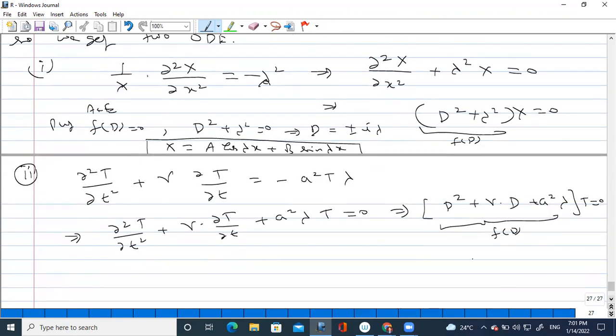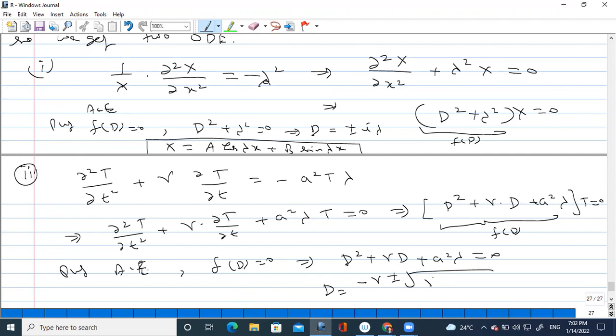So now what is the solution of that? For having the solution, put the auxiliary equation. What is the auxiliary equation? In that you have to put f(D) equal to 0. So D square plus gamma D plus a square lambda is equal to 0. This type of equation you can solve by Sridharacharya formula. So here D will be minus b, b is gamma, plus minus under root b square, that is gamma square minus 4ac, 4 into a square lambda, divided by twice into 1.